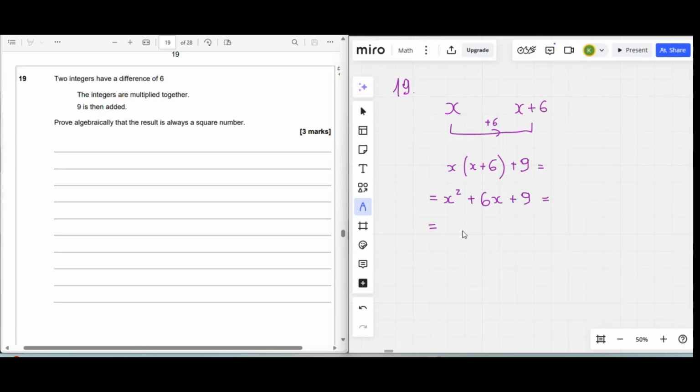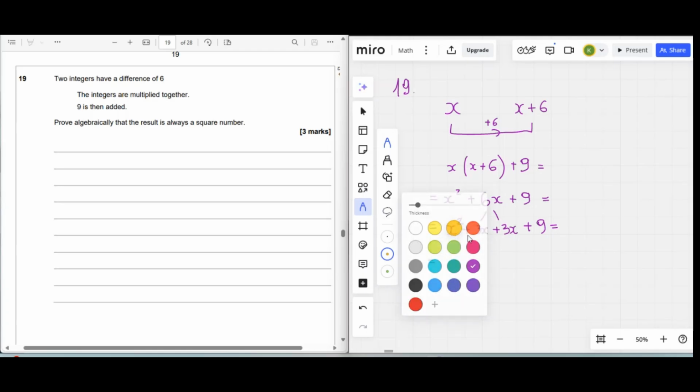So we have three things, and we can split the middle one into two things, 3x and 3x. In total it is 6x. So we are changing that to make it 4 terms now.